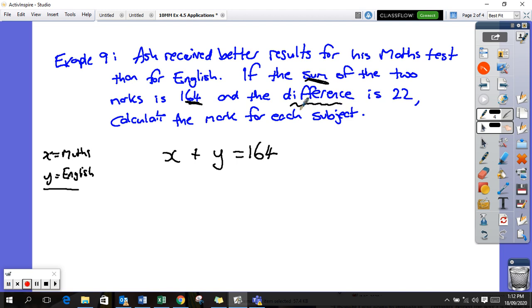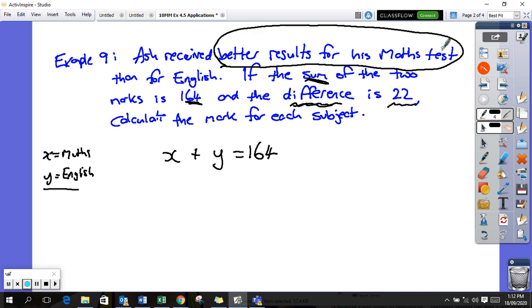Now the next bit of information is the difference is 22. Do we go X minus Y or Y minus X? Well, up here, he got better results for his maths test. So if we go maths minus English, we'll get a positive answer because maths is higher than English.